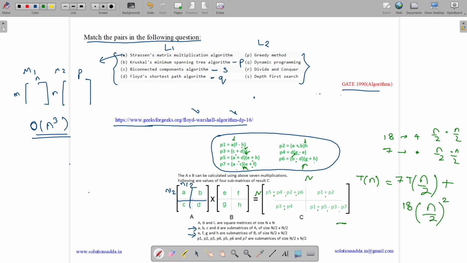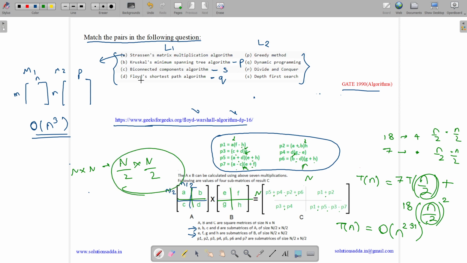The complexity will come out to be, by Master's theorem, order of n to the power 2.81. We can easily see it is based on the divide and conquer approach. We are just dividing the matrices into smaller parts. N cross n is divided into n by 2 cross n by 2, and then the smaller problem is solved. Thus, Strassen's matrix multiplication is based on divide and conquer, which is R. So the correct mapping is R, B, S, Q.